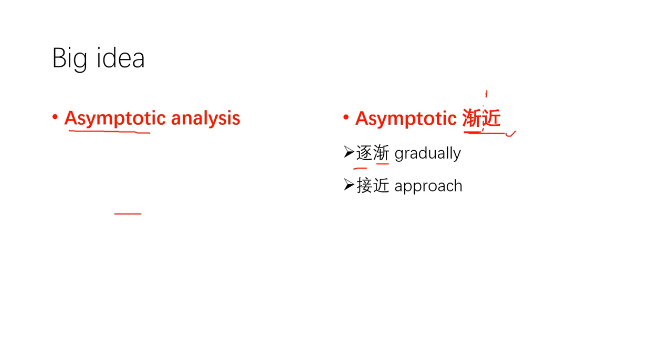And the second character is about near or far. The opposite word is far, so it's near, or you can make it into the word 接近, which means approach. So asymptotic means gradually approach, the basic meaning of it.